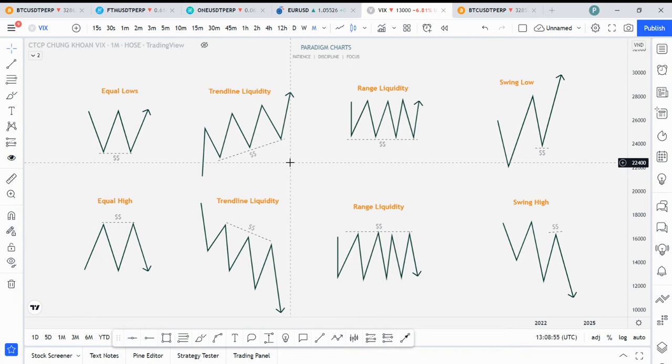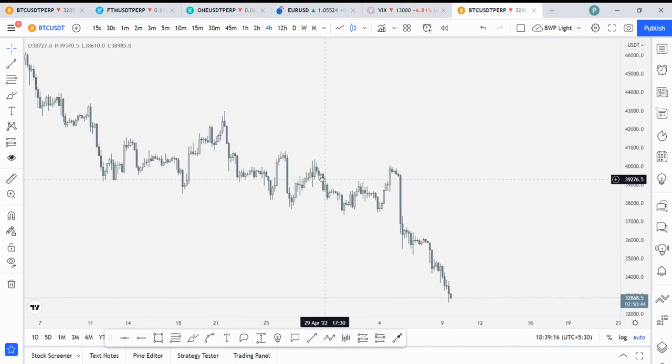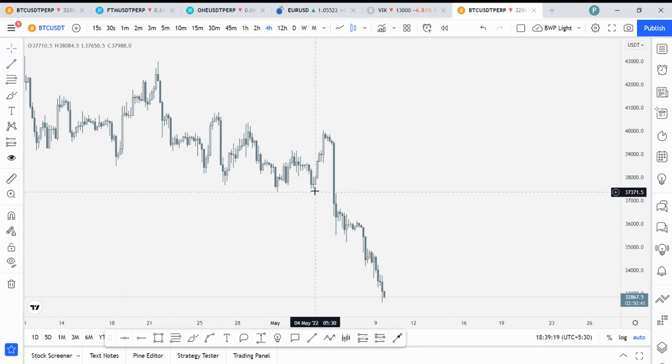Now, at the point of placing your order, either you execute your order immediately or you wait for price to retrace to a particular level before your order is activated. Let me show you an example on the BTC chart. Assuming price is at this level and I want to sell, I want to short rather, that means I'm selling.